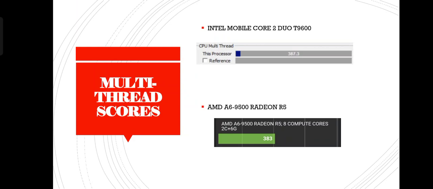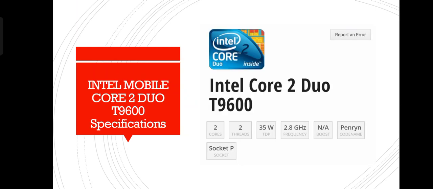The upper part that you can see, I made myself using the CPU-Z benchmarking. It has 387.3 scores, while the AMD A6-9500 only has 383 multi-thread scores.